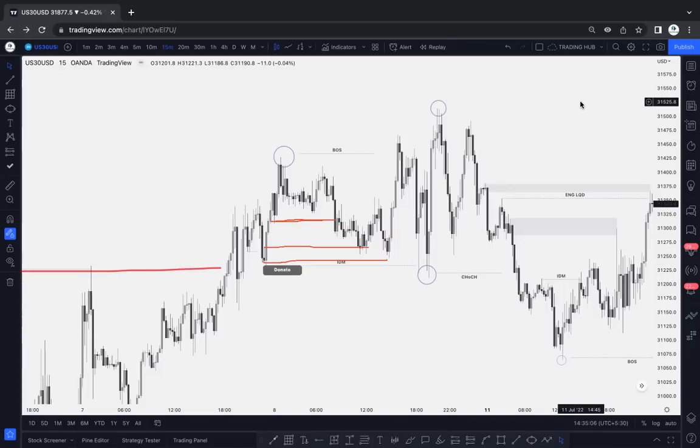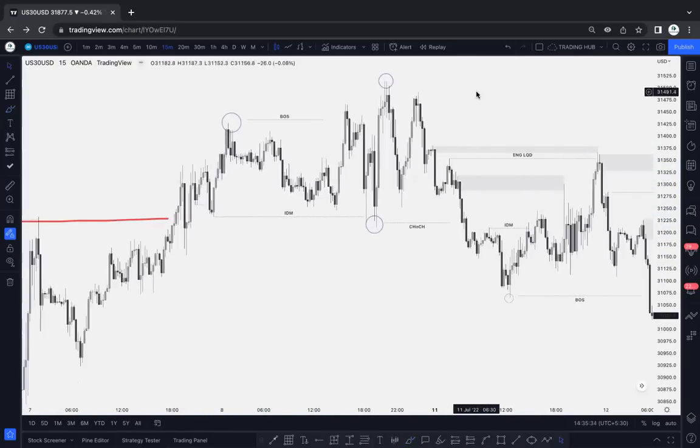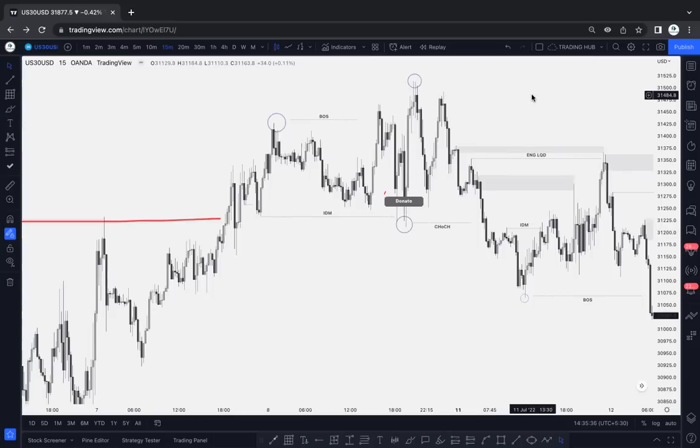No, this is not my confirmed. Actually, there is a minor structure between this. And then market taps here and gives us a little bit of reaction, so here you can take position.